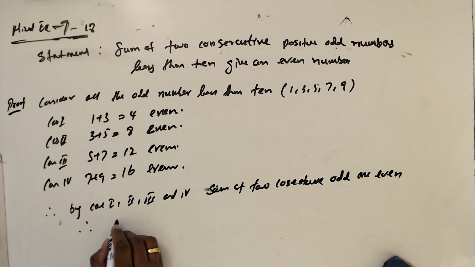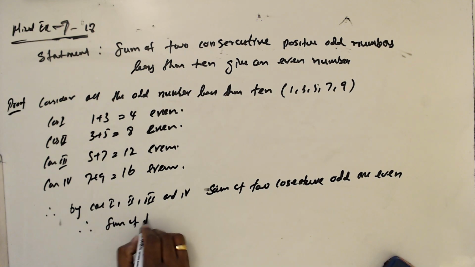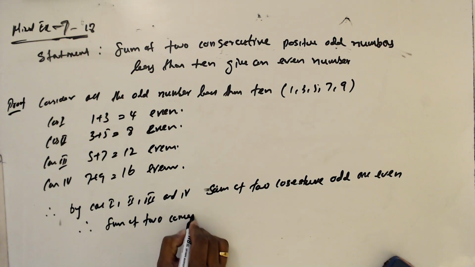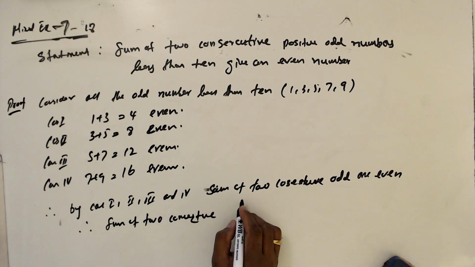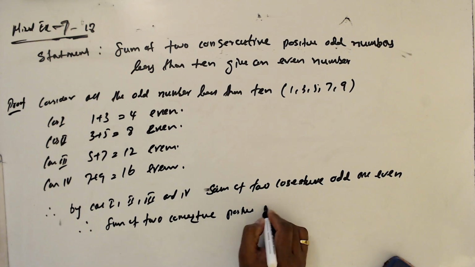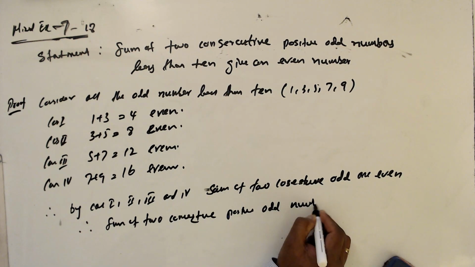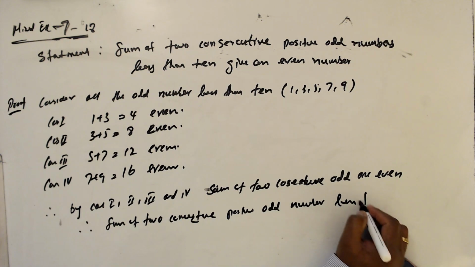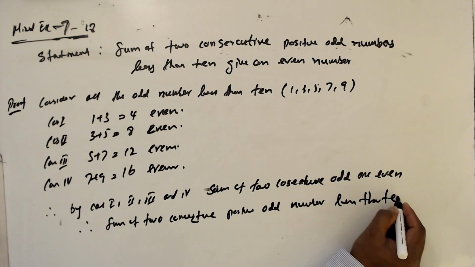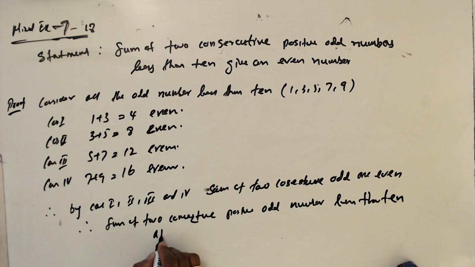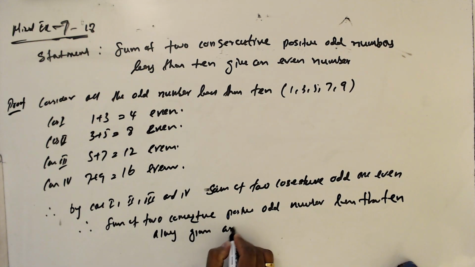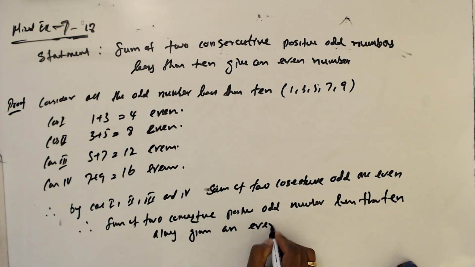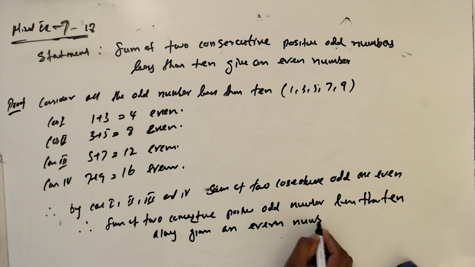Hence, the sum of two consecutive positive odd numbers less than 10 always gives an even number.